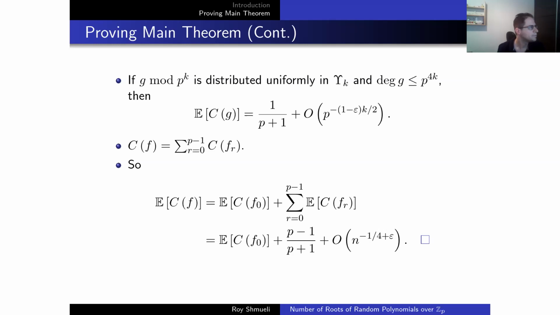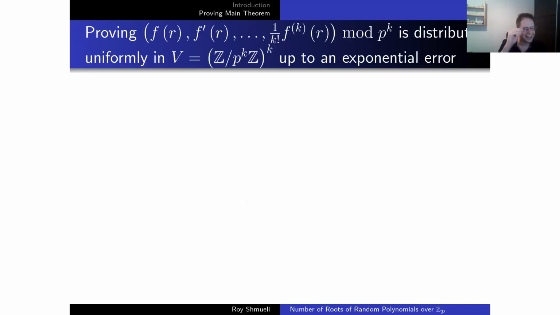So the first part of the proof that I mentioned before is proving that this vector is actually really distributed uniformly in V up to an exponential error. So I use random walks to prove that.